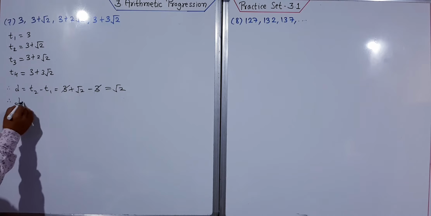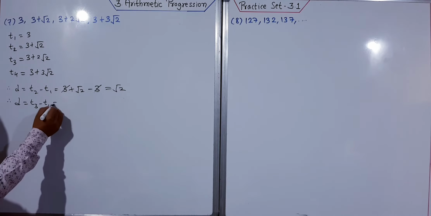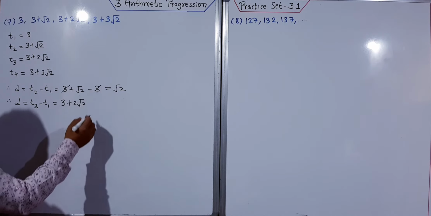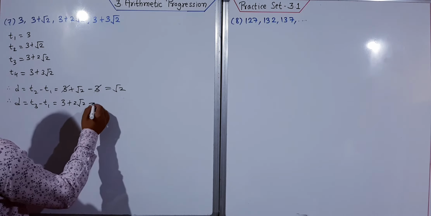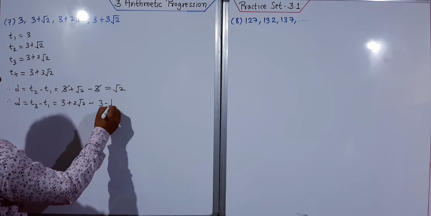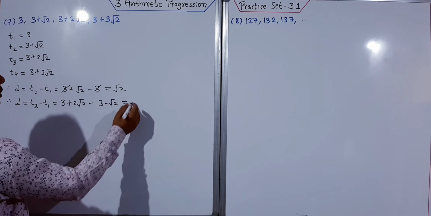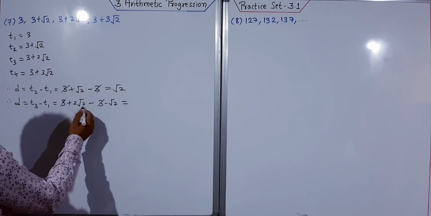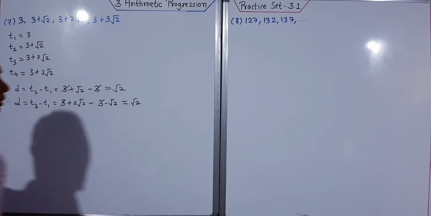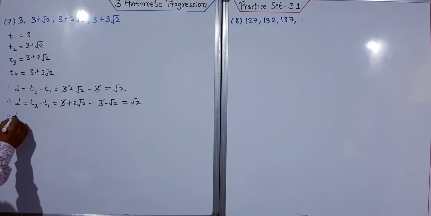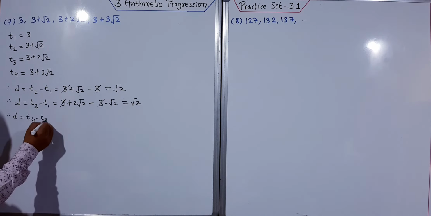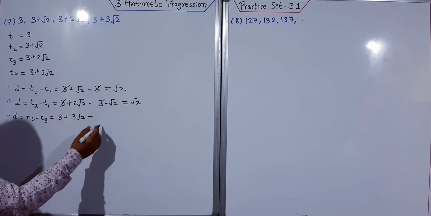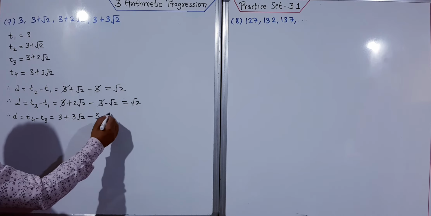Therefore D is equal to T3 minus T2, which is 3 plus 2 root 2, and the whole minus 3 minus root 2. Now see, this 3 gets cancelled, 2 root 2 minus root 2, so you get root 2 only. And now D is equal to T4 minus T3, which is 3 plus 3 root 2 minus 3 minus 2 root 2.